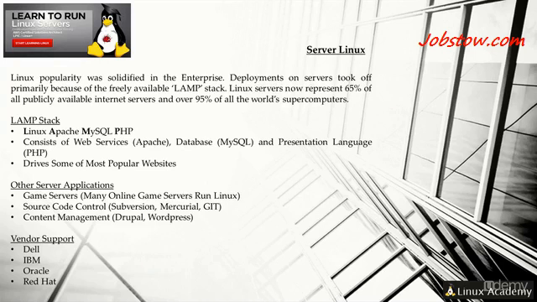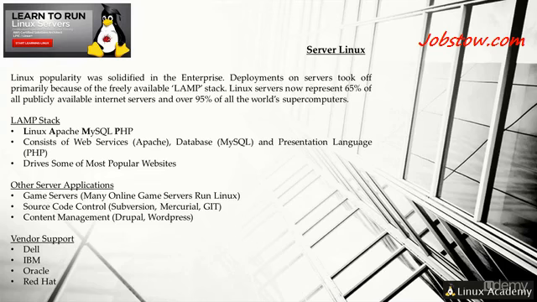Linux server support is official from a number of vendors like Dell and IBM on the hardware side. Oracle and Red Hat offer enterprise-ready, supportable versions of Linux that are freely available, but they offer paid support for them.